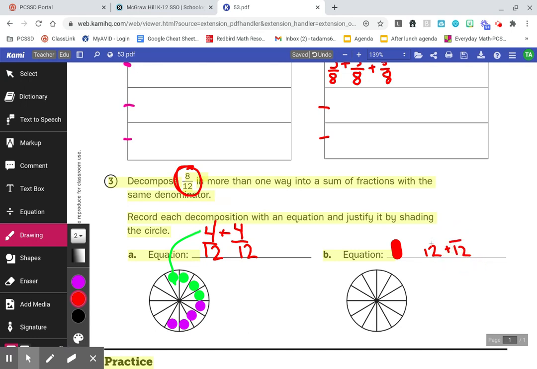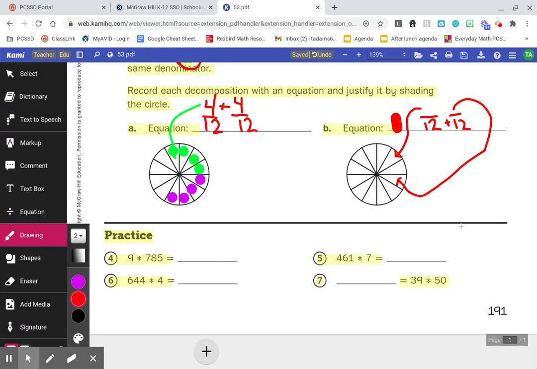What 2 numbers can I add together that will equal 8? That's going to be your numerator. What plus what? The 2 numbers that equal 8, you're putting that as your numerator. And then whatever number you put here, that's how many pieces you're going to shade. And whatever number you put here, that's how many pieces that you're going to shade.